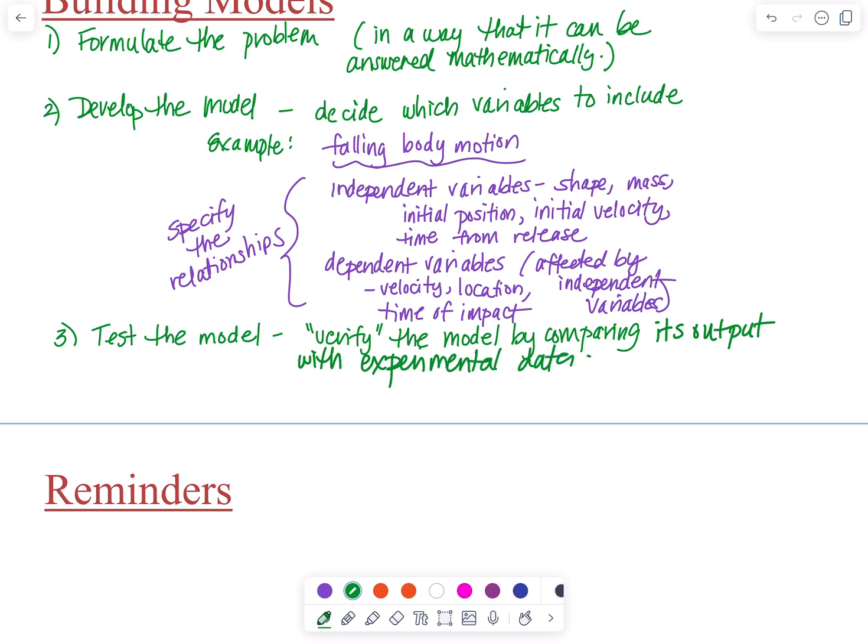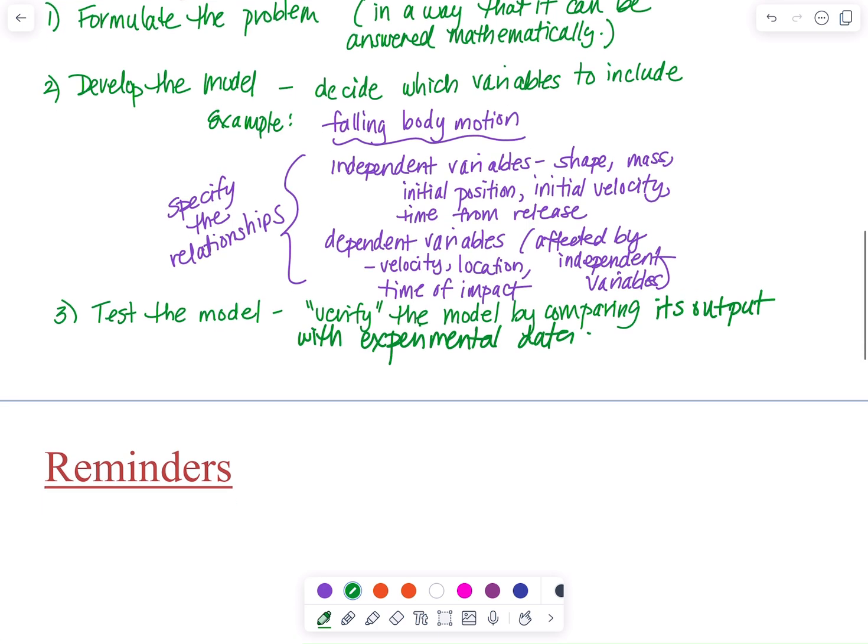And we will just see how relevant the model is and how it makes sense with that data.